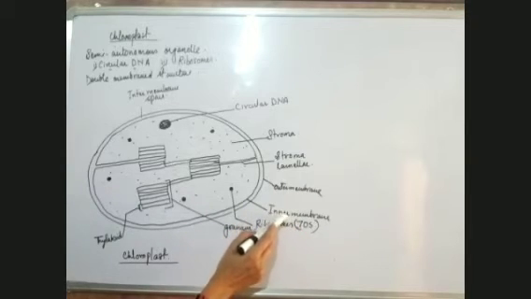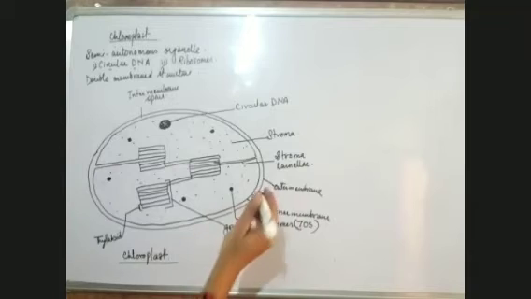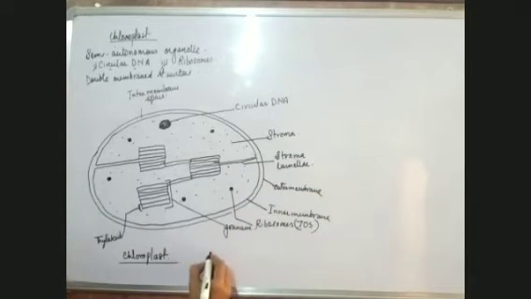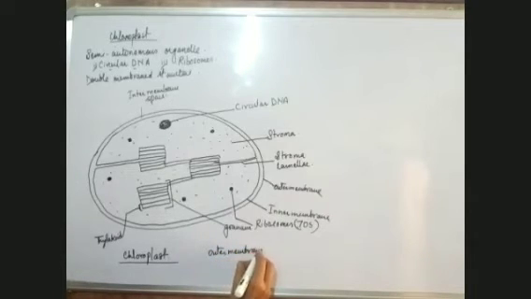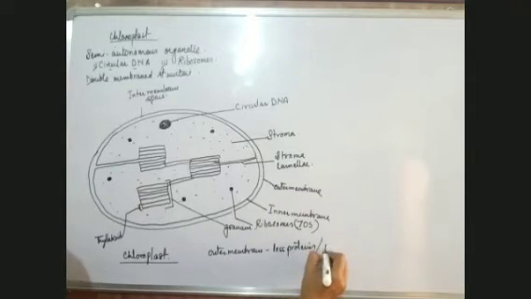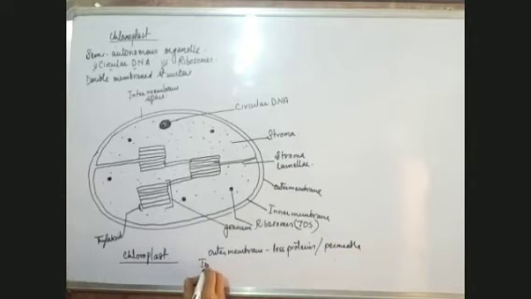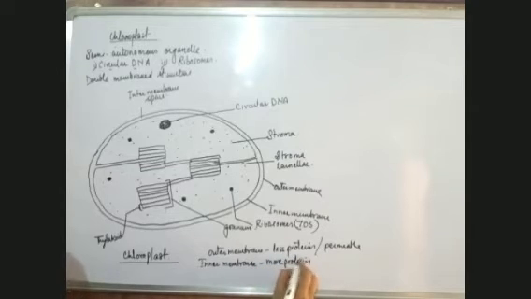In the inner membrane, the proteins are more, and because of this, it is selectively permeable.